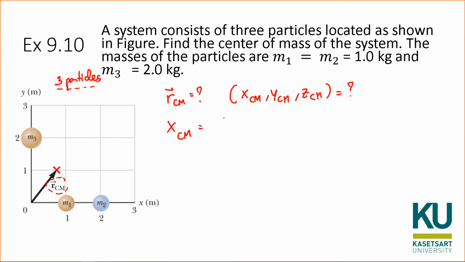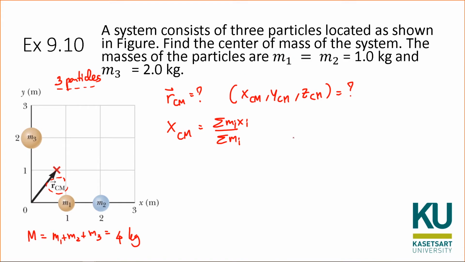XCM comes from sigma mixi over sigma mi, the total mass. In this case, mass M1 equals M2, and M3 is 2 kilograms. So big M, or sigma M, M1 plus M2 plus M3, is 1, 2, 3, 4 kilograms. Now you know big M is 4 kilograms.